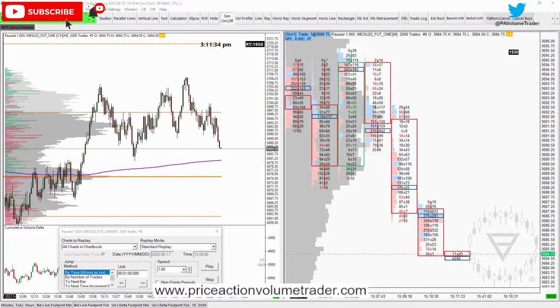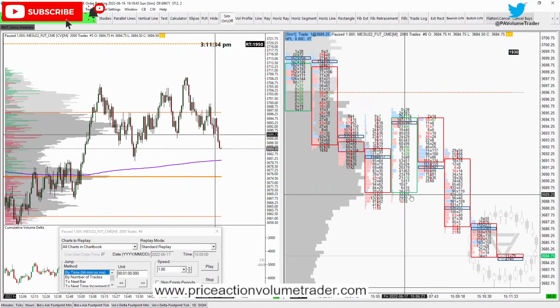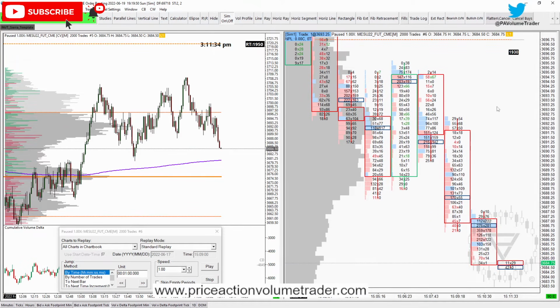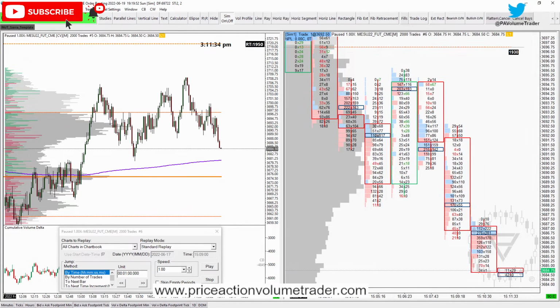Okay, so in this chart here, you can see I have imbalances marked right here. This is in Sierra Chart, and all these numbers you see in green are imbalances.